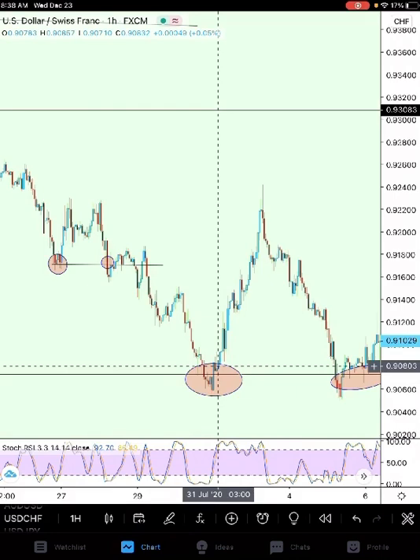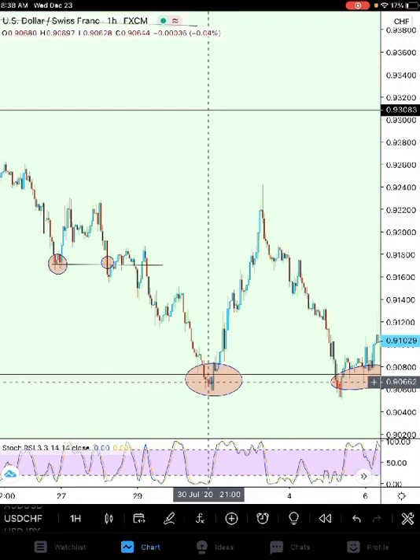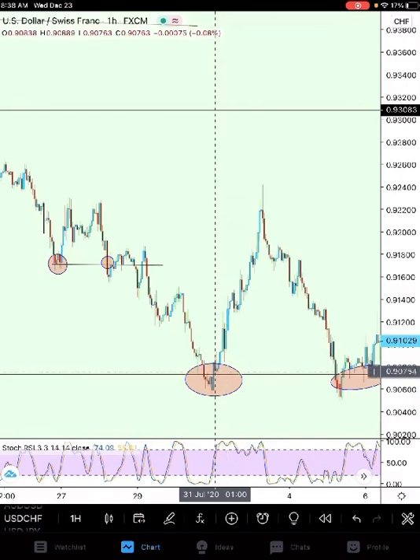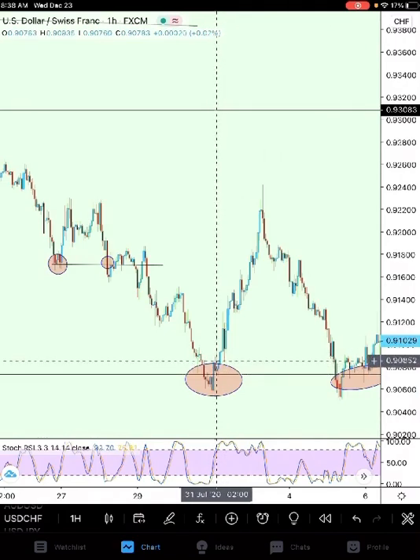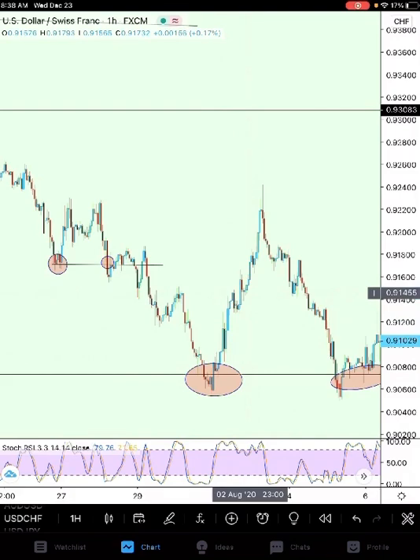There's no patterns or anything that we're forming. It's more so just I have a certain amount of pips in my mind, and that's what I want to capture. That's what this type of trade would have been.